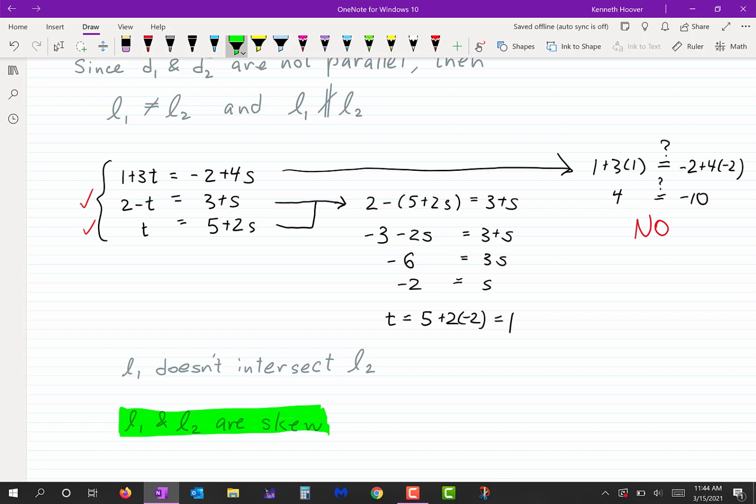If they did intersect, then how would you find the point where they're intersecting?